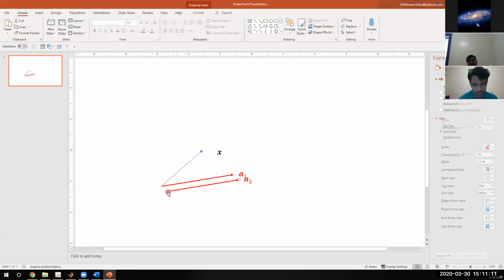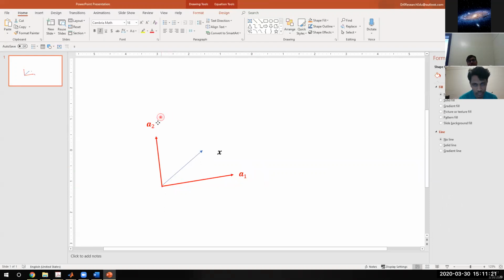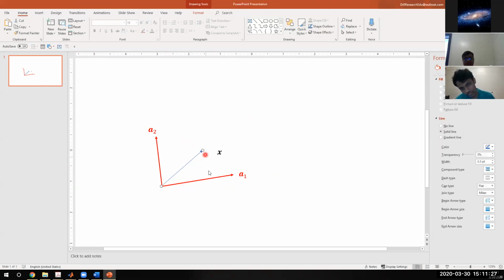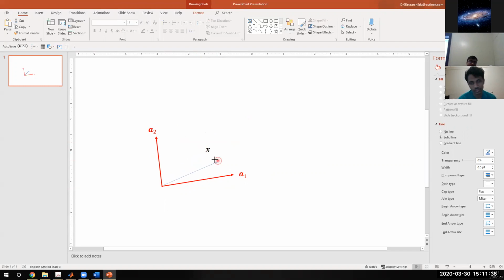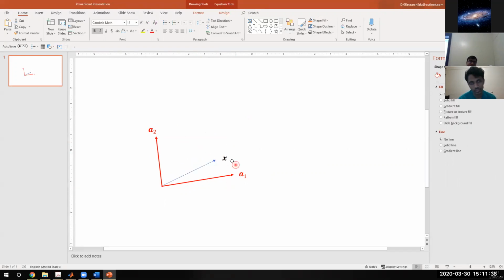And A2 would be something like this. A2 should be orthogonal or perpendicular to A1, okay? Now let me ask you, what is the corresponding coordinate of x on A1 and A2? Let me make it a bit like this way, rather than 45 degrees.